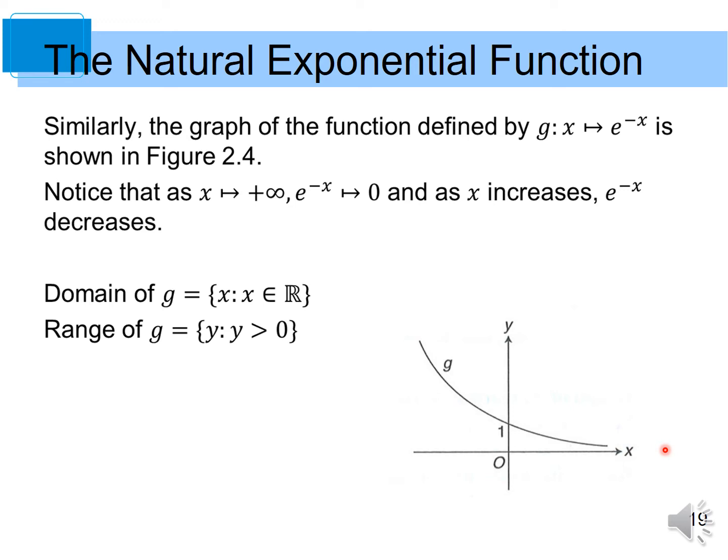And for the properties of this function, same as e to the power x, you see the curve is still concave upward. The domain of this function is all real numbers, and the range is greater than 0.